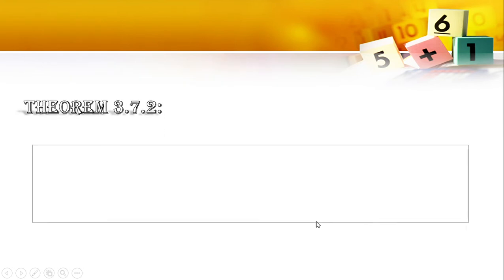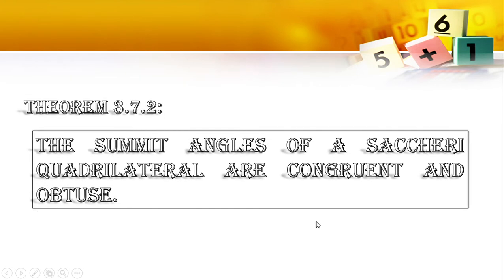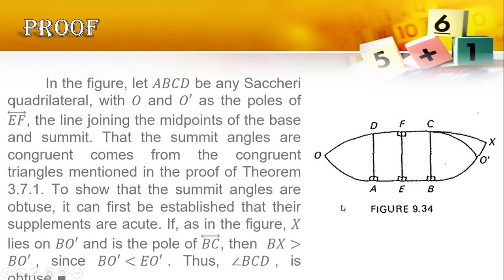Now, theorem 3.7.2. The summit angles of a Saccheri quadrilateral are congruent and obtuse. So here's the proof. We have here figure 9.34.